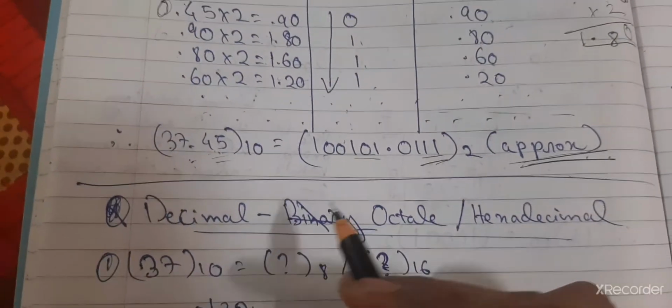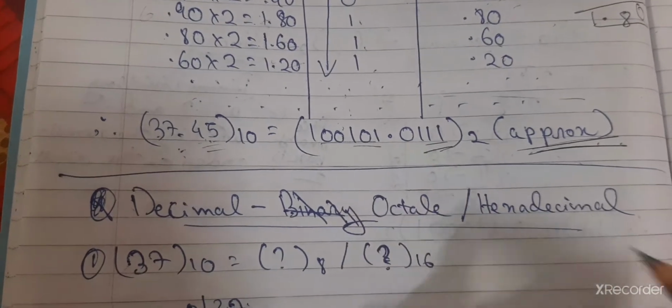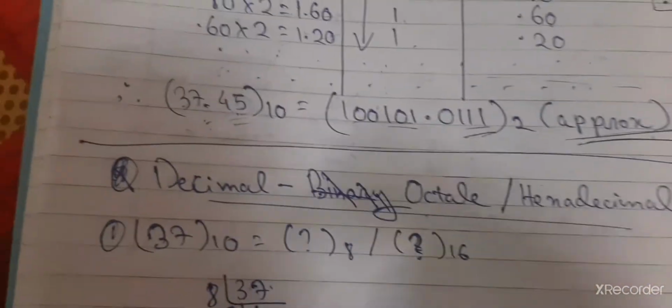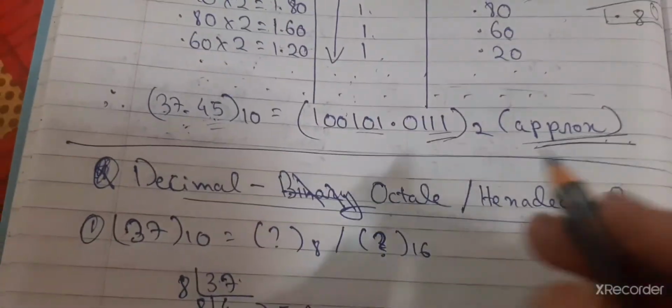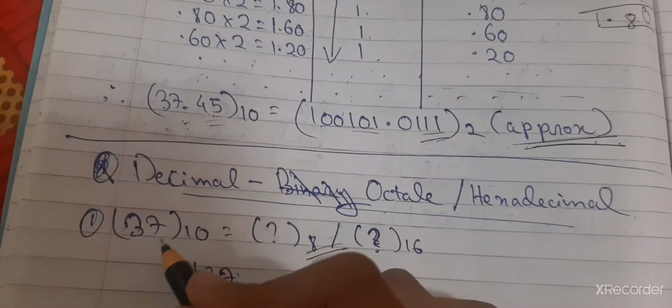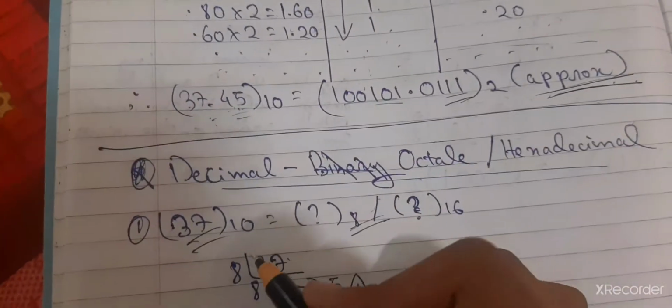Now let us do decimal to octal, and after that hexadecimal. Now as we know, octal has base 8. So let us take the number 37 to the base 10.